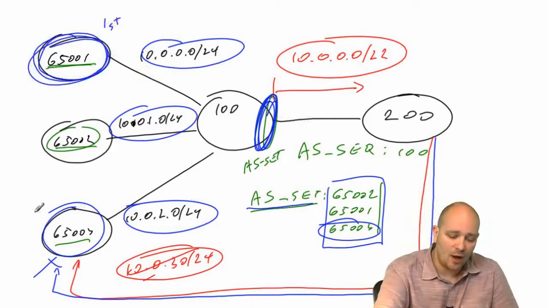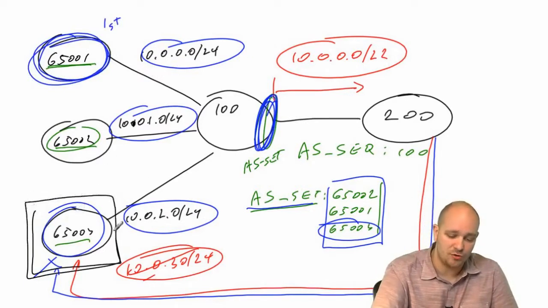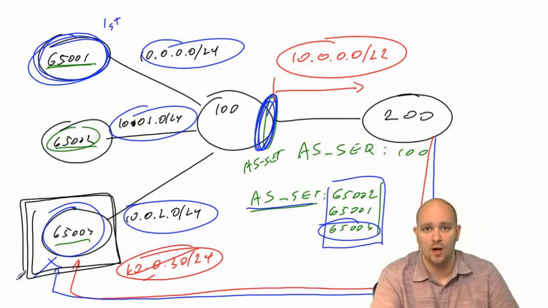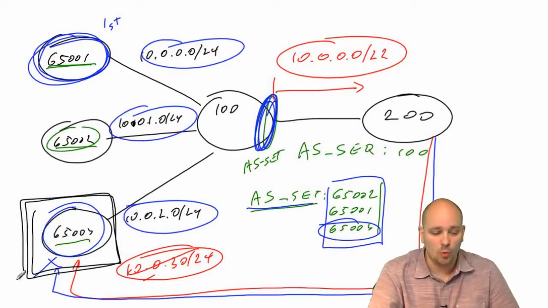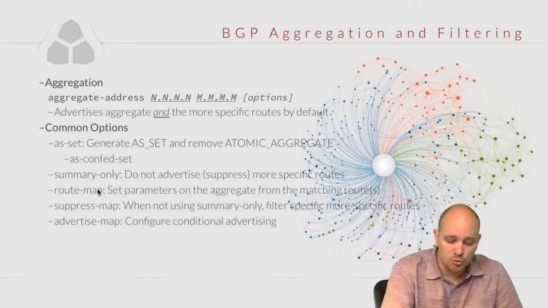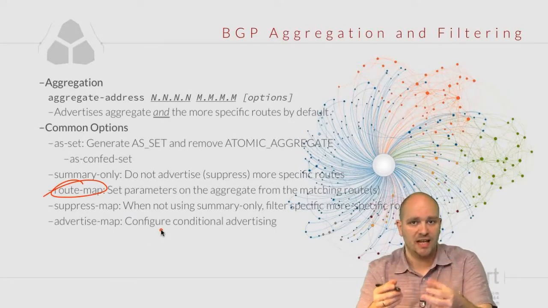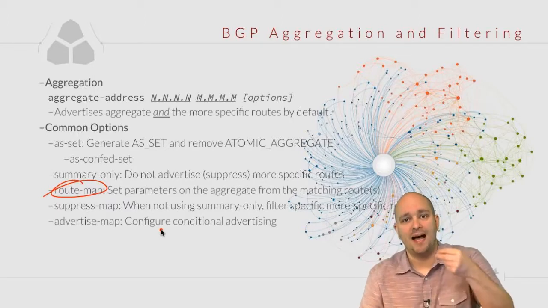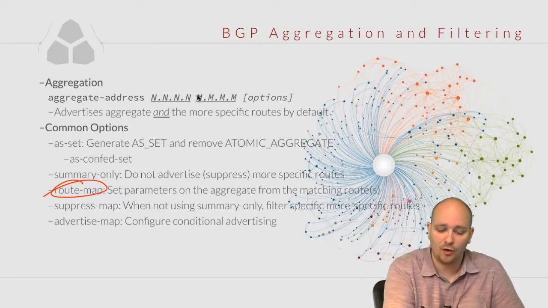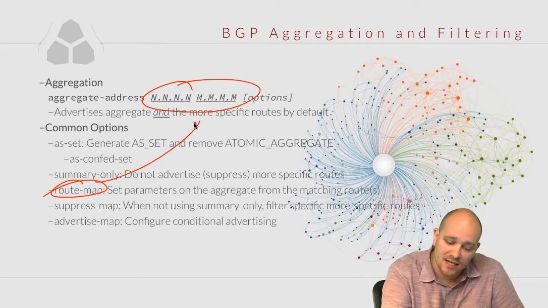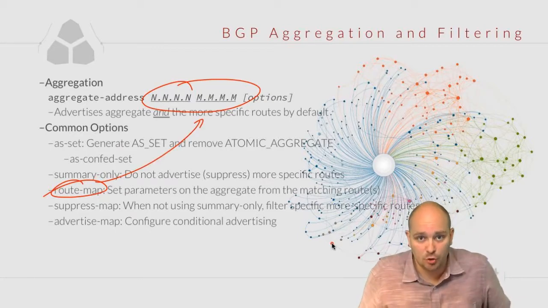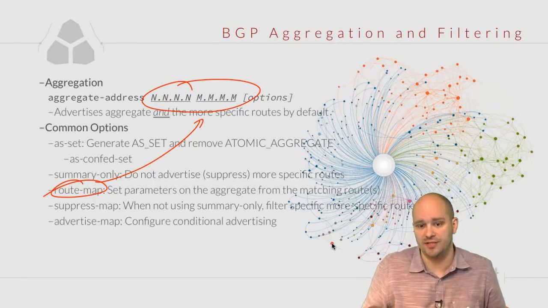But what if we wanted our aggregate to inherit the attributes of this one here? Well, in that case, we can use the route map keyword and match the particular route or routes that we want to use as attribute seeds. So when the aggregate gets created, these attributes will be copied to our aggregate. It's actually a pretty interesting one.